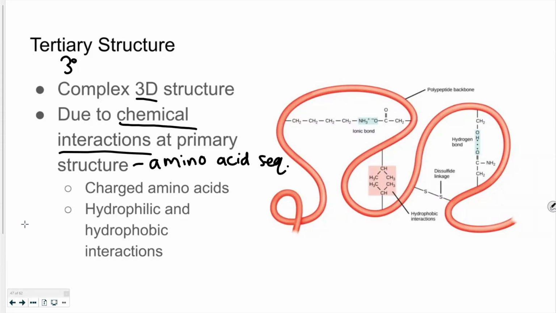So positive and negative charged amino acids are going to be attracted to each other to form this ionic bond. We see that here. We can have hydrophilic, hydrophobic interactions. So here we can see some hydrogen bonding going on over here. These guys are hydrophobic, so they're going to be hiding in the middle, away from where the water is.